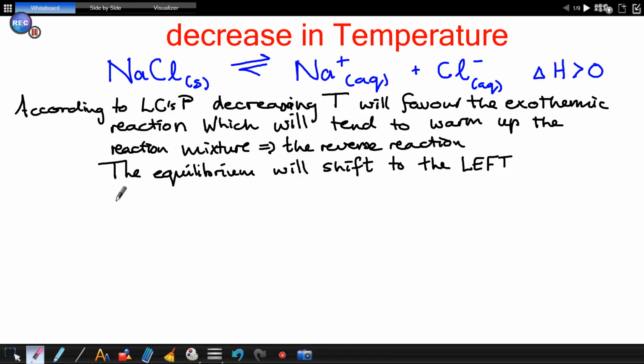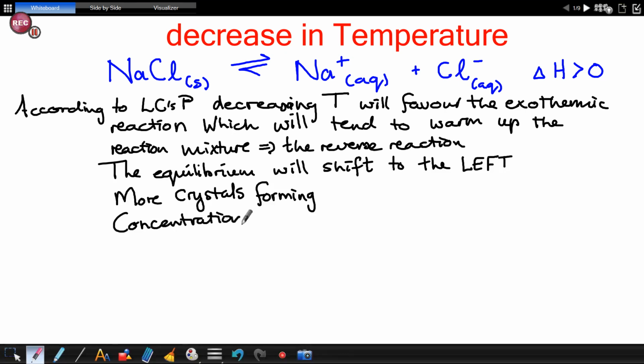So you'll have more crystals forming. You'll have more of these sodium chloride crystals forming. And what will happen to the concentration of the ions?